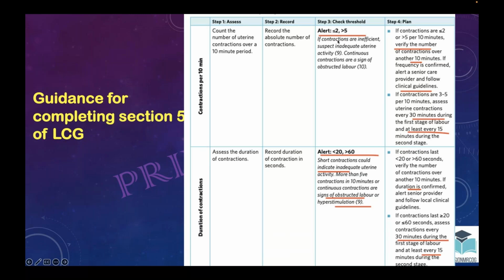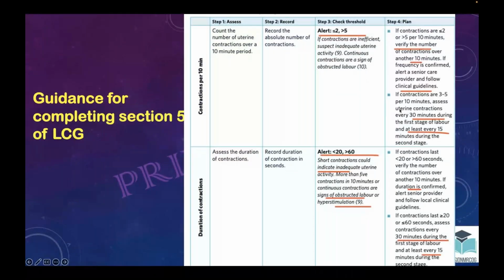If the alert is there, they will repeat after another 10 minutes. If the contractions are still alert, they will speak to the senior person. But if the contractions are fine, within limit, no problem.